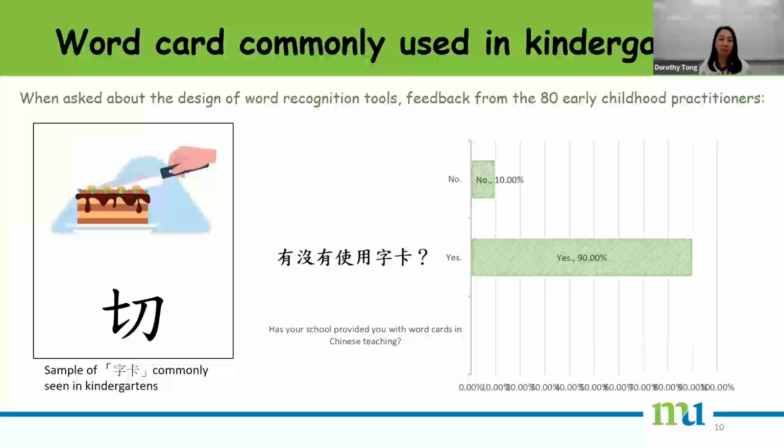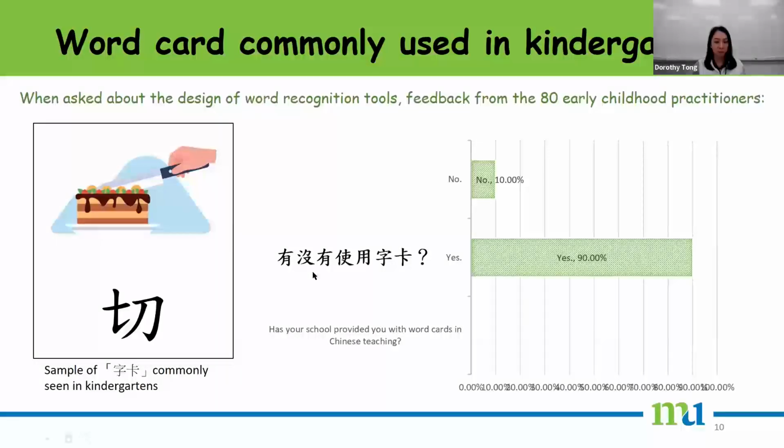We sent out a questionnaire, a survey, to roughly 80 early childhood practitioners and asked them whether they have used word cards in teaching Chinese characters in the kindergarten. And 90% of them said so. So on the left is a sample of the word card, which is commonly used in kindergarten.